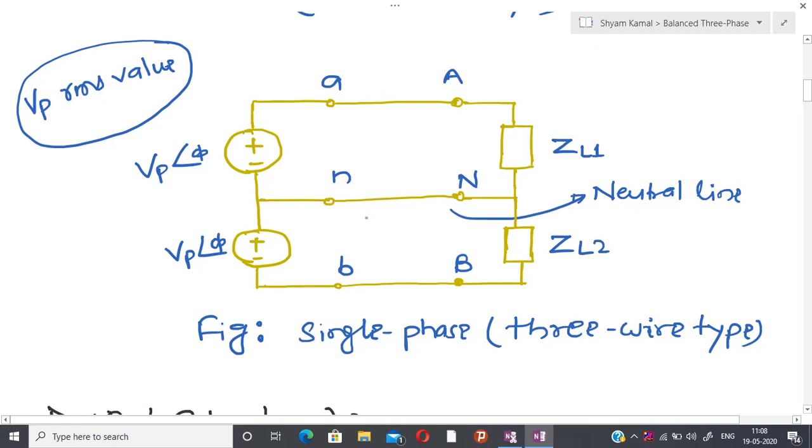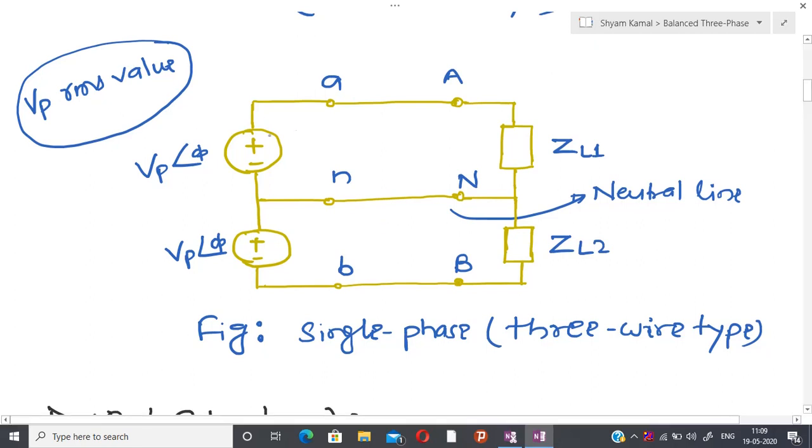So what is the main advantage of this single phase 3-wire type? Suppose we have done some wiring inside our normal house, and I have several electrical household appliances, and some may operate on 120 volt, some others may operate on 240 volt.